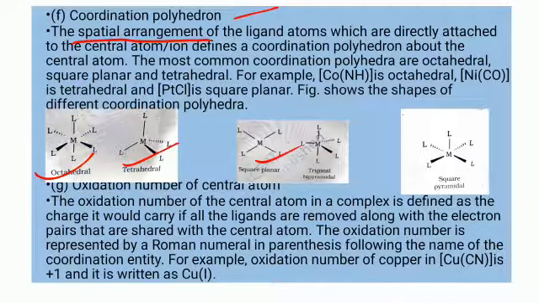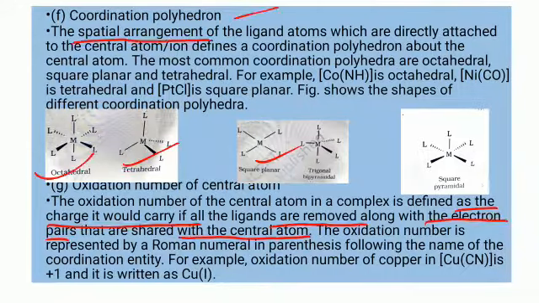Oxidation number of the central atom in a complex is defined as the charge it would carry if all the ligands are removed along with the electron pairs that are shared with the central atom.